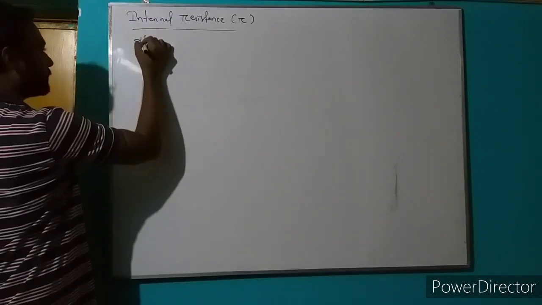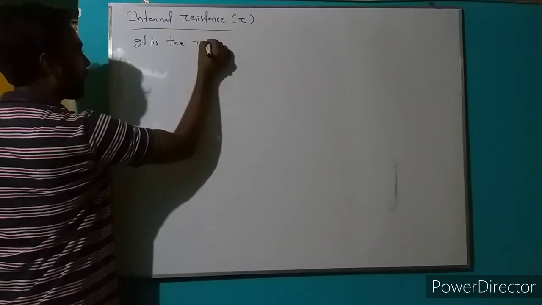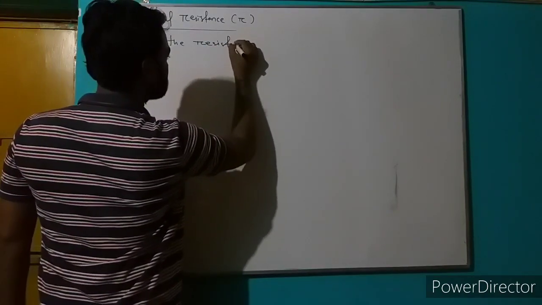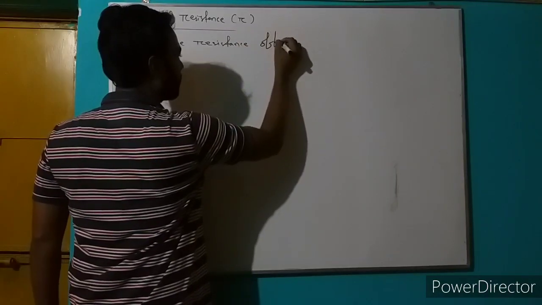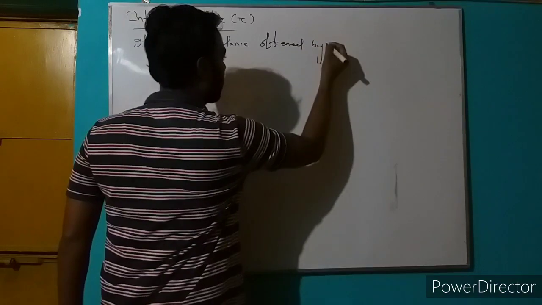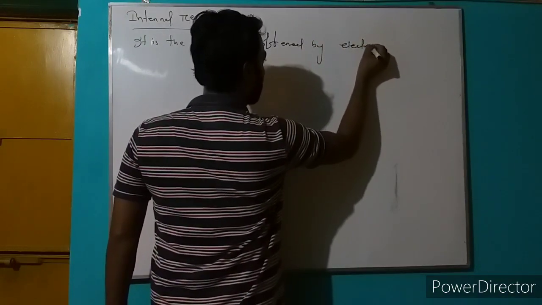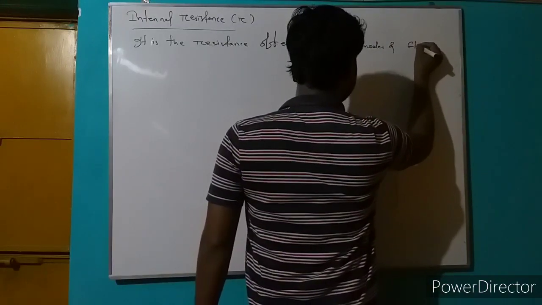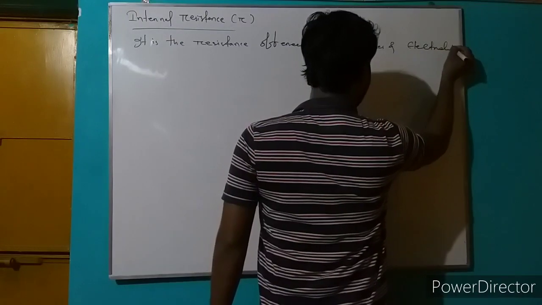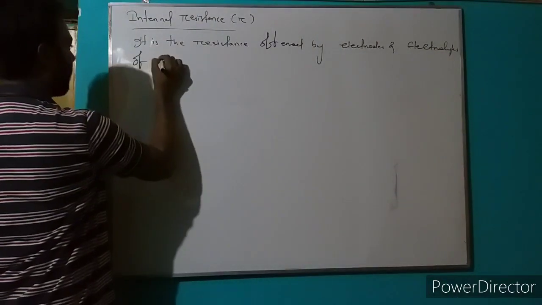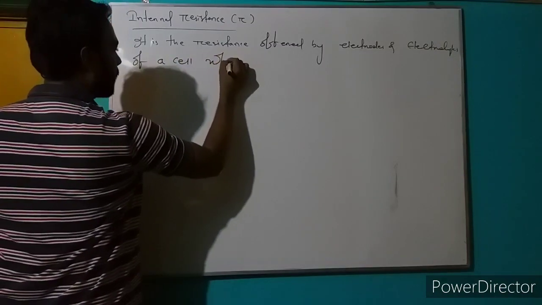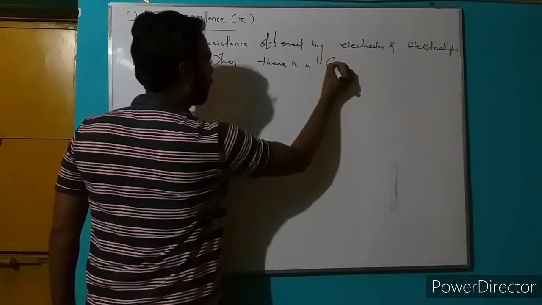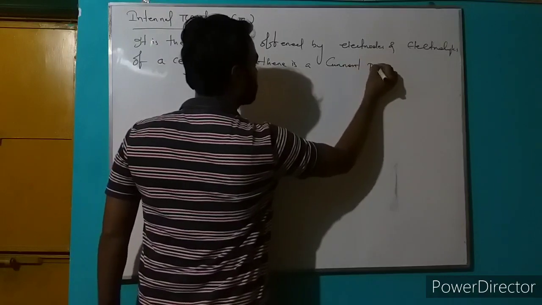It is the resistance offered by electrodes as well as electrolyte of a cell when there is a current passing through it.